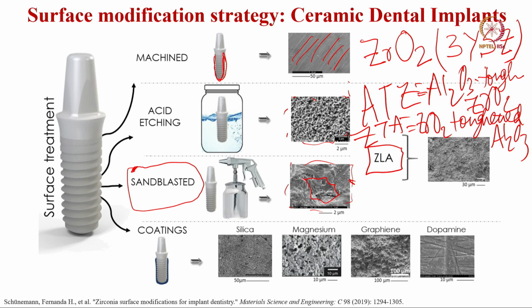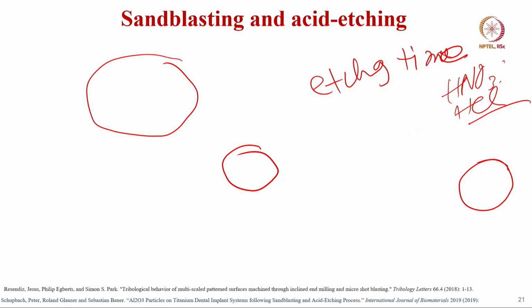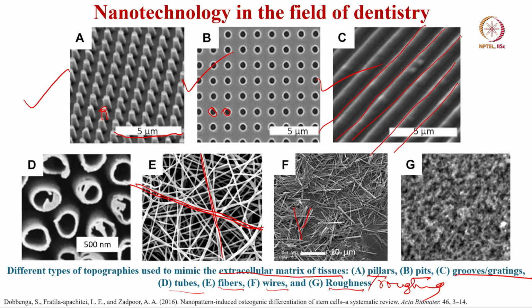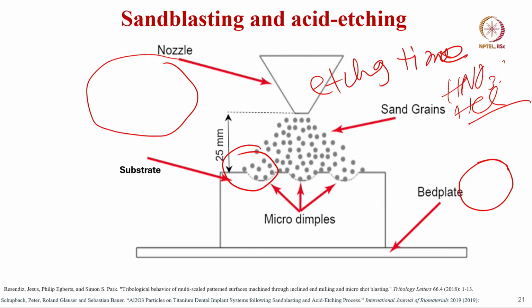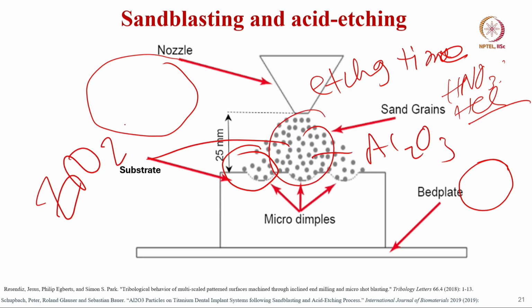So, in the case of zirconia-based materials, as I showed you in the last slide, you can also use sandblasting and acid etching. Instead of alumina, one can also use zirconia particles.